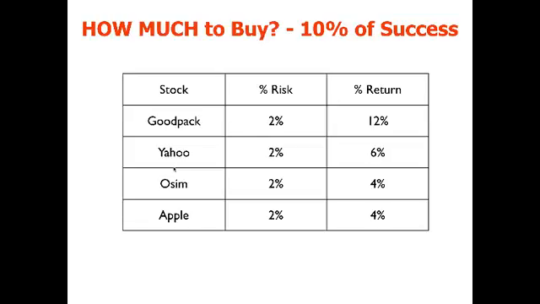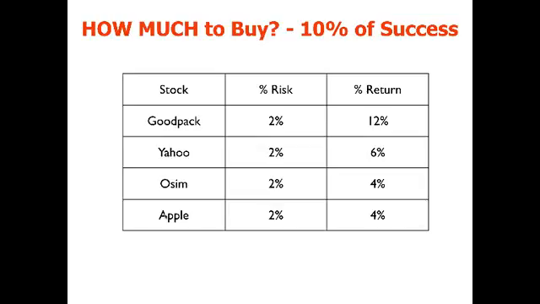Now, after I invest in Yahoo, can I invest in another stock? Sure. So I invest in, say, OSIM, and I invest in Apple. So I have got 4 positions, and my total cumulative risk is altogether 8%. All right? So in other words, if all 4 of them fail, I lose 8% of my capital.